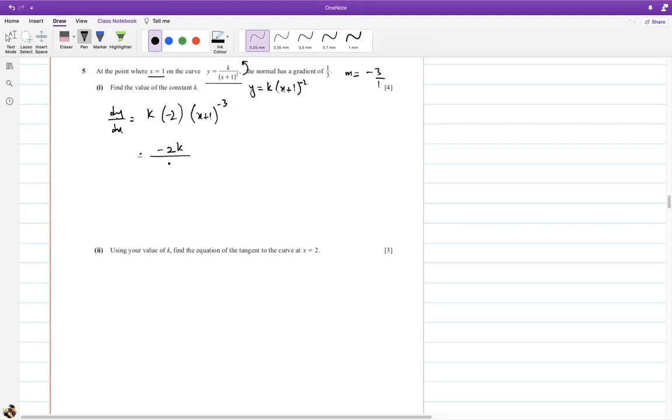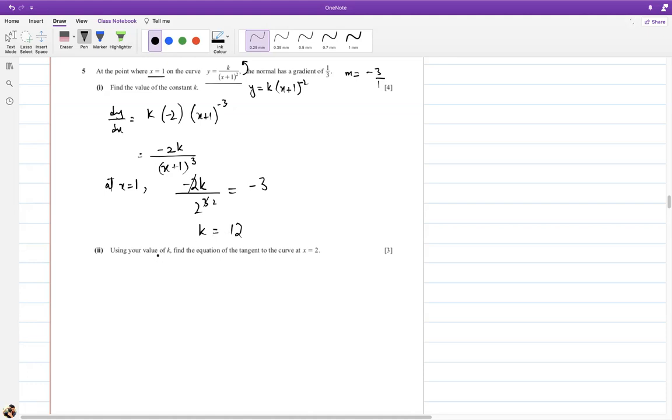So it becomes minus 2k over (x plus 1) whole cube. At x equals 1, this becomes minus 2k over 2 cubed. And this should equal minus 3, because the gradient of the tangent is minus 3. So k equals, I think it is 12, if I'm not wrong. Yeah, so k is equal to 12.